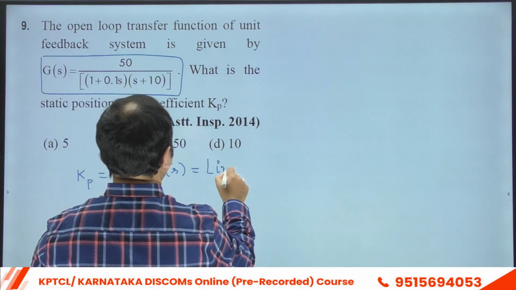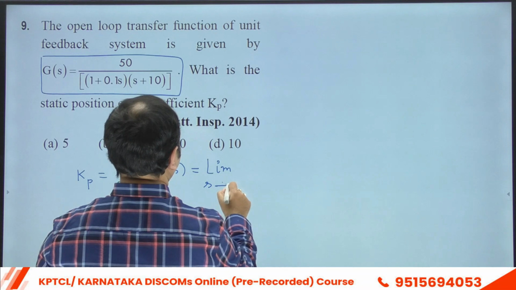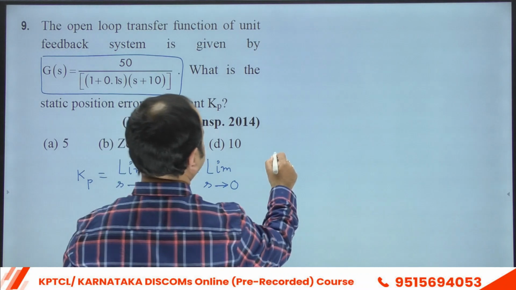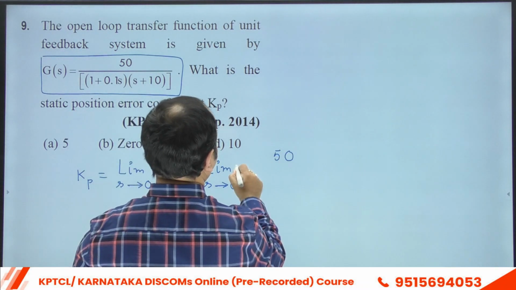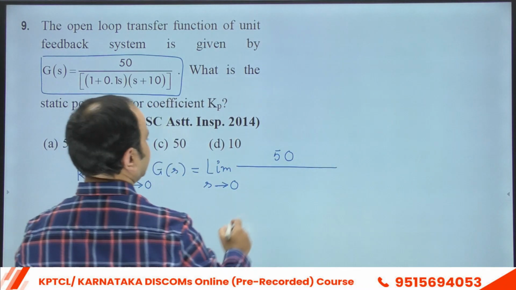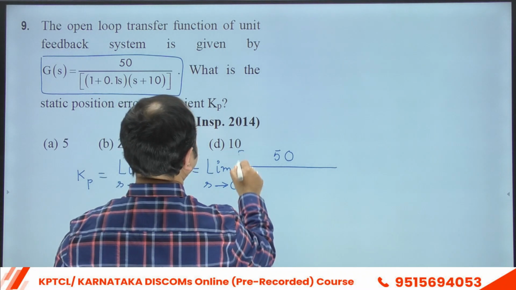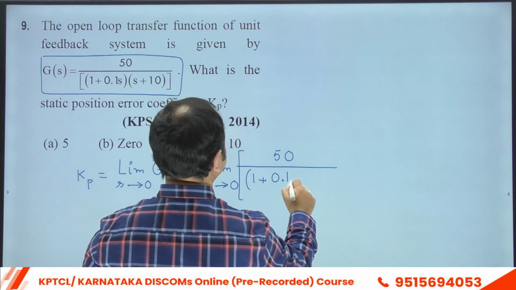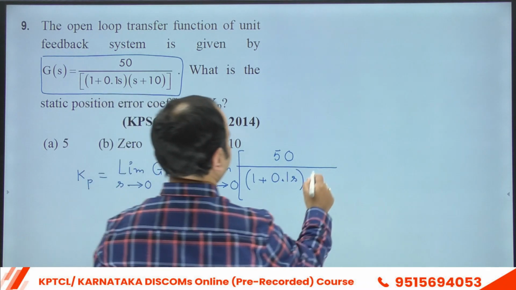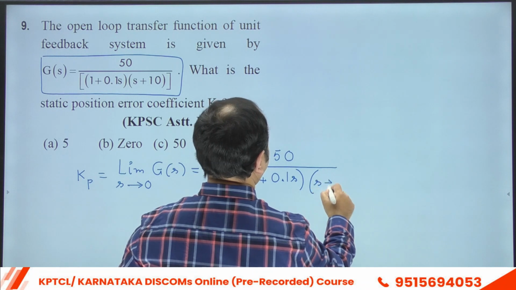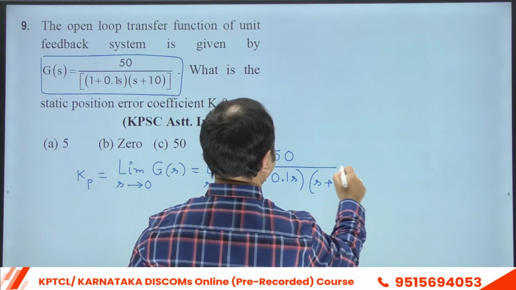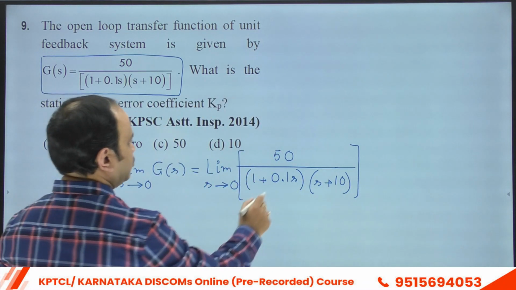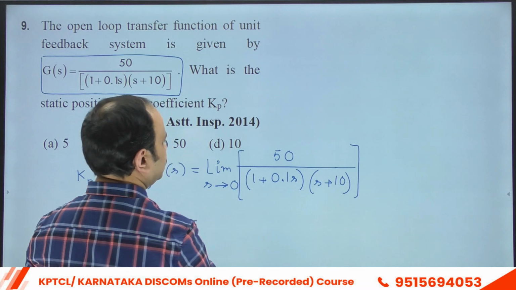Therefore, substituting the given transfer function, limit s tends to 0, g of s is 50 divided by 1 plus 0.1 s into s plus 10. Now by substituting s equal to 0, what do we get?